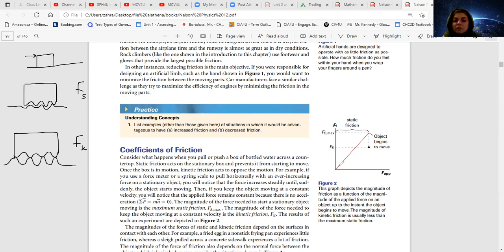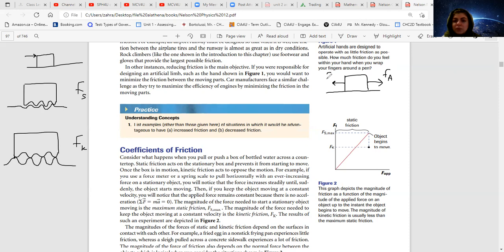So here, the force applied increases, and as the result, the friction force is increasing, right? As this is your box, this is F applied, and it's not moving, right?